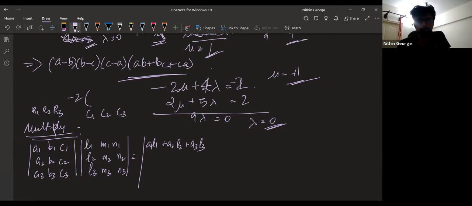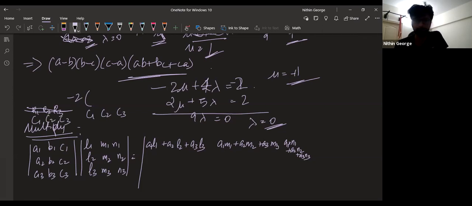The second element will be first row into second column, A1 M1 plus A2 M2 plus A3 M3. The next one will be first row into third column, A1 N1 plus A2 N2 plus A3 N3. Similarly, I'm basically doing column 1, column 2, column 3 multiplication.